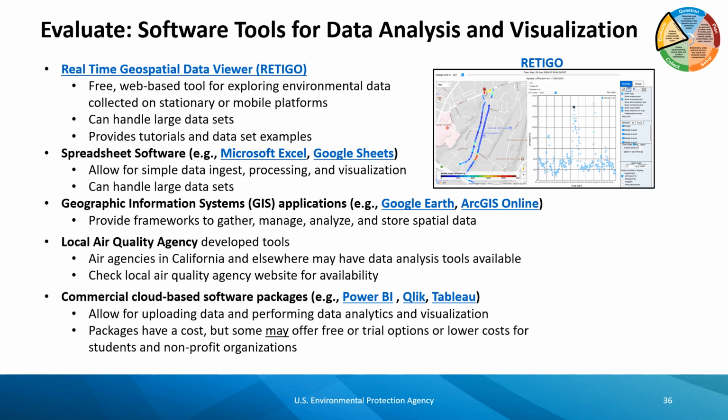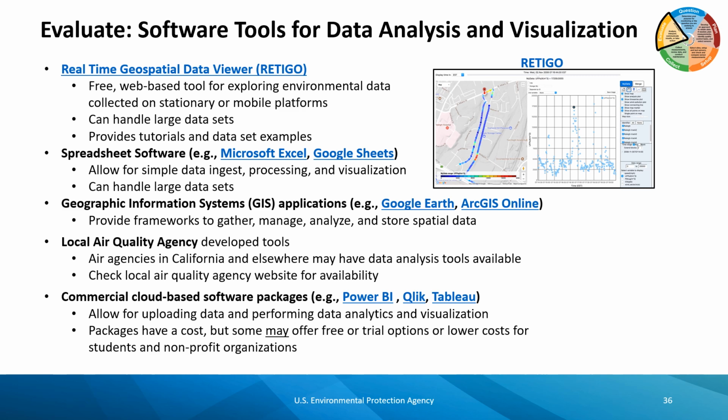Spreadsheet software such as Microsoft Excel or Google Sheets allow for simple data processing and visualization. Geographic Information Systems, GIS, applications such as Google Earth and ArcGIS Online provide frameworks to gather, manage, analyze, and store spatial data. Some local air quality agencies have developed tools that are available online.